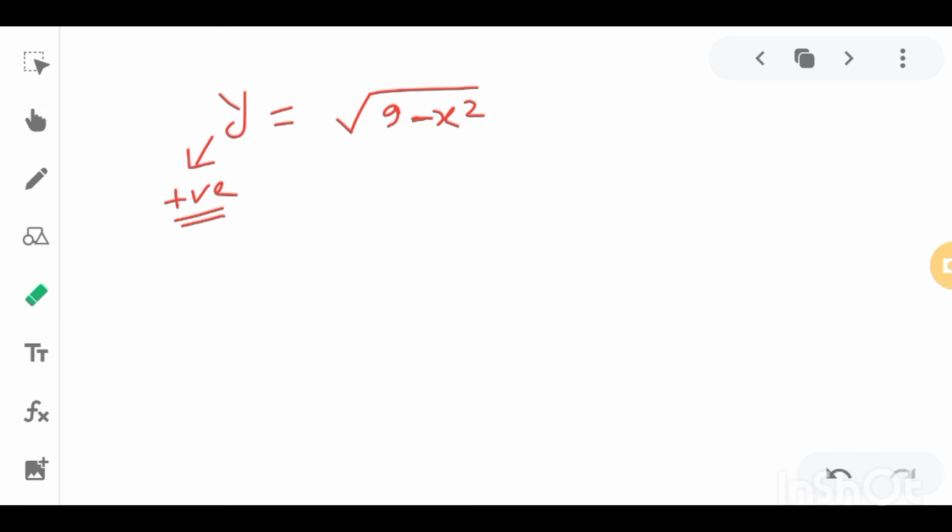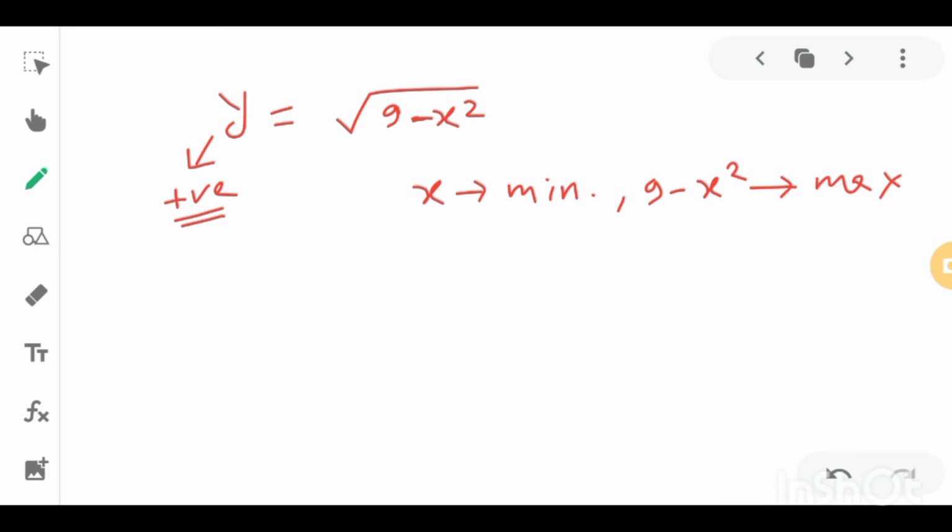Okay. Now I got one information that y will be positive. Now what will be the maximum value of this? That will be based on x. Why? Because y is a function of x. So when x square will be minimum, then 9 minus x square will be maximum, correct?